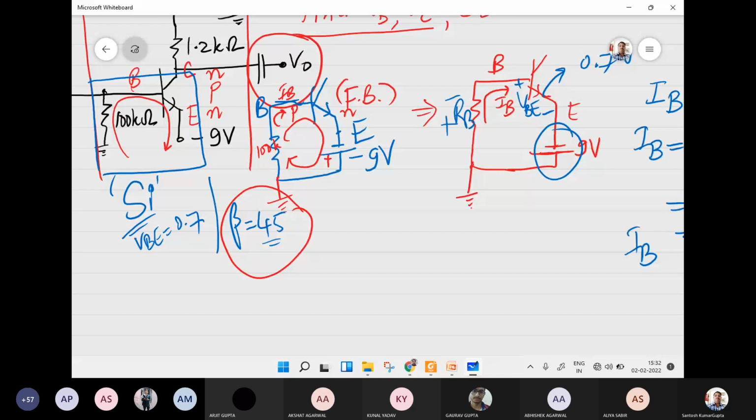So we can put the 9-volt battery here at the emitter with its polarity -9, minus polarity facing the emitter side. So collector emitter. Let us say that the voltage drop across collector emitter is VCE and RC is here given as 1.2 kilo ohms.